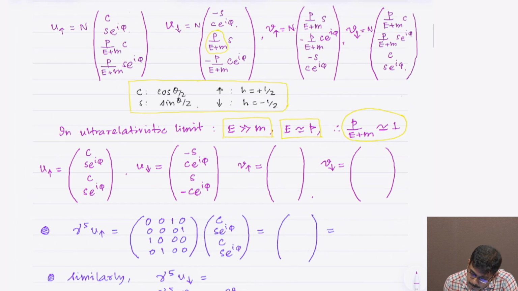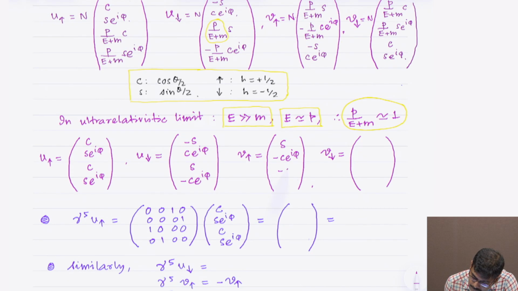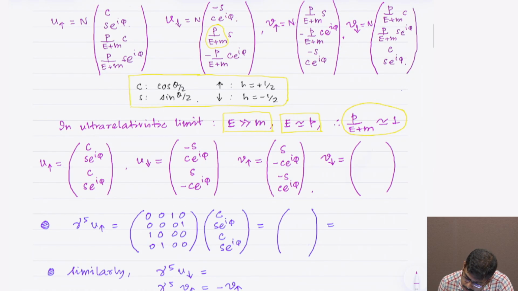What about v up? This is S, minus C e to the power i phi, and then minus S once more, and C e to the power i phi. What about the v down? I am not writing the normalization constant. Taking this limit, this is C, S e to the power i phi, C, S e to the power i phi.